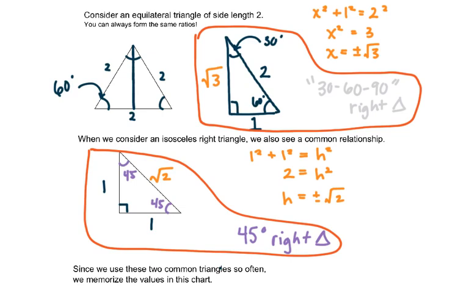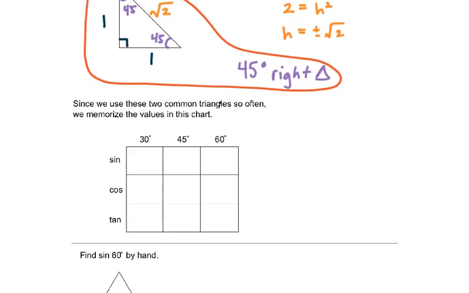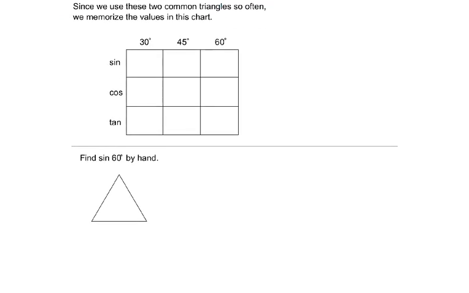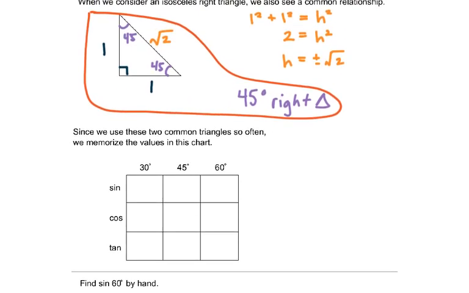Now, if we went through these triangles and we figured out all of my trig ratios, we'd be able to create this table that we can memorize. There's a lot of memorization in trig, and most of it's easier rather than to just memorize it per se, to know how it's derived. So we'll just look at our 45 column here.